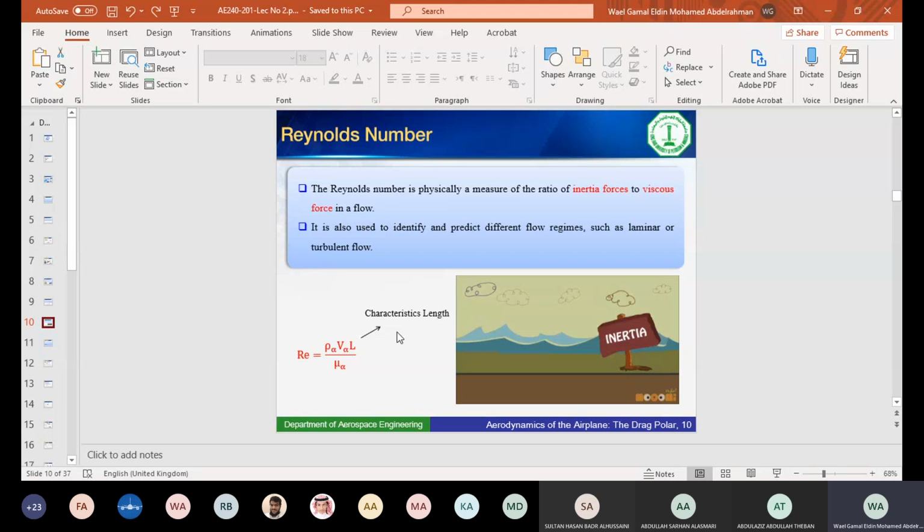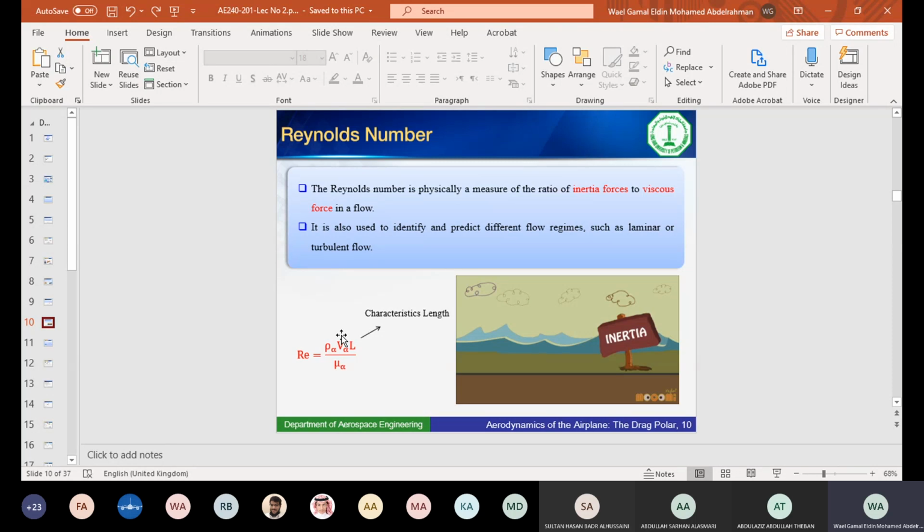But physically, what does it mean when I say a high Reynolds number? If you look at the stuff in the top, it includes the density of the air, it includes the speed of the air. So it includes everything that had to do with the inertia of the air. Air is moving forward, the kinetic energy, the kinetic force of the air. So if air is trying to move past the object, it's pushing forward.